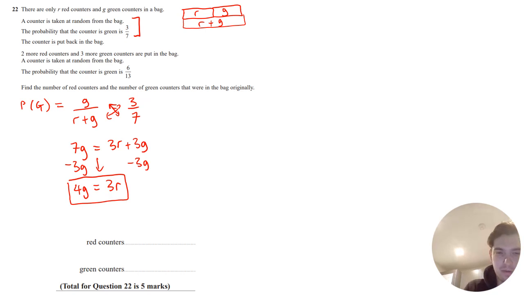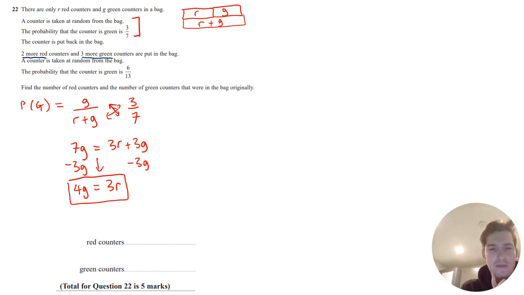Now, what happens next? 2 more red counters and 3 more green counters are put in the bag. So what actually happens here? The probability that the counter is green is now 6/13. So what's actually happened? Well, I've got 2 more red counters and 3 more green counters.